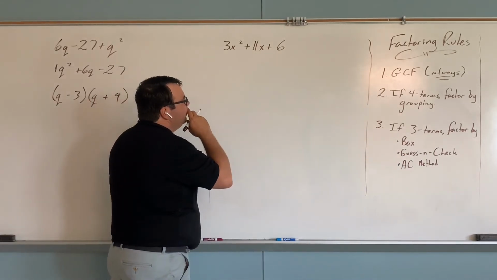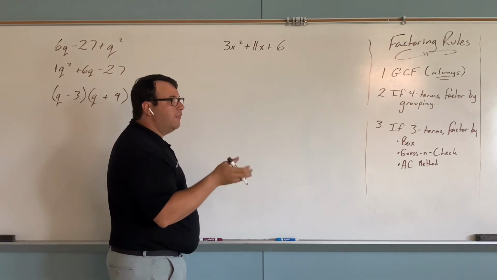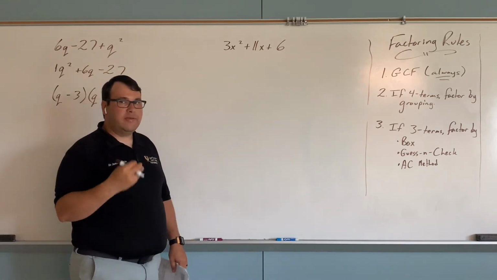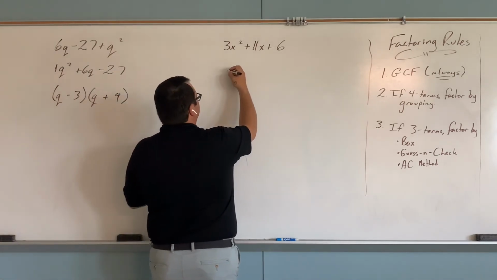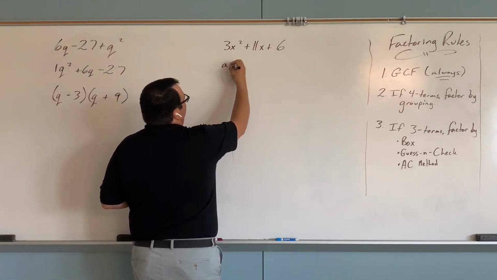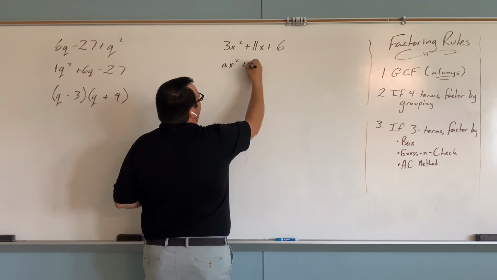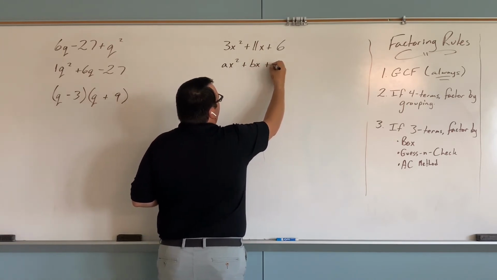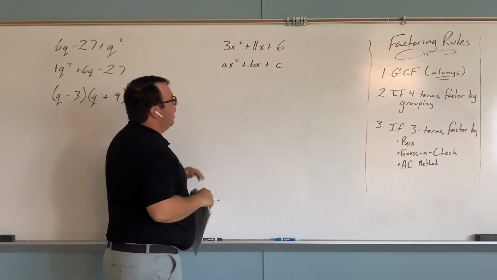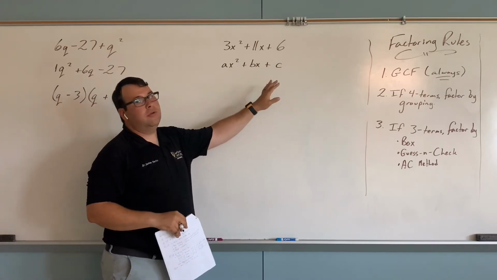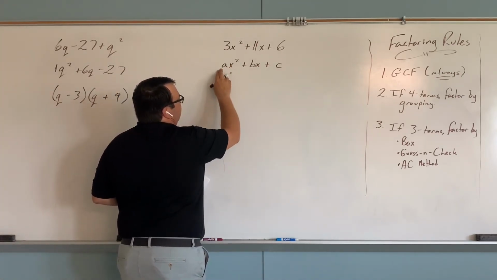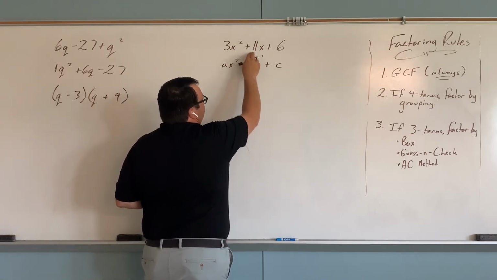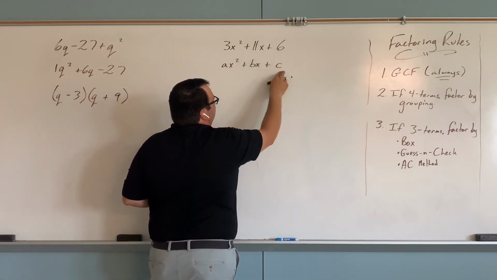Now, to understand the AC method, you have to understand what we call the standard form. And so the standard form for a trinomial is going to be ax squared plus bx plus c. And I wrote it directly underneath, so that way you can see that we have a being a coefficient value, b being a coefficient value, and c being a constant value here.